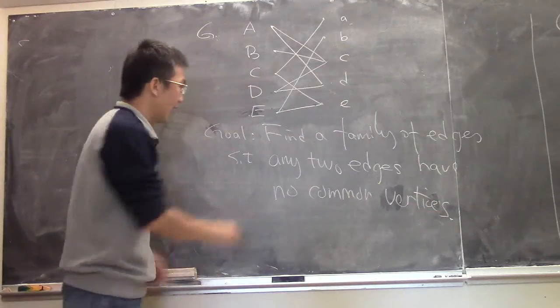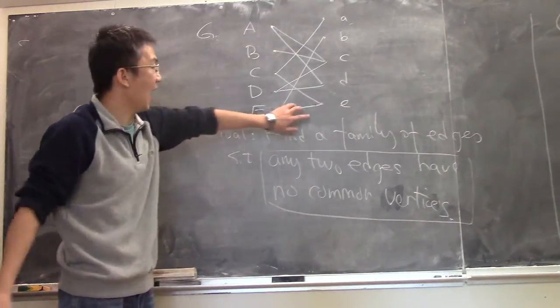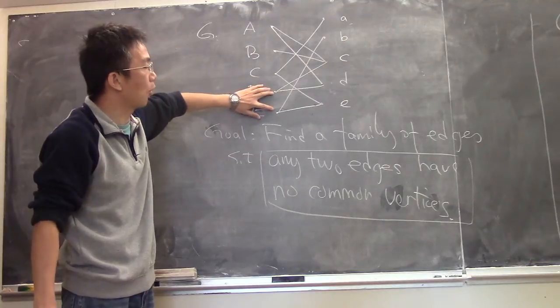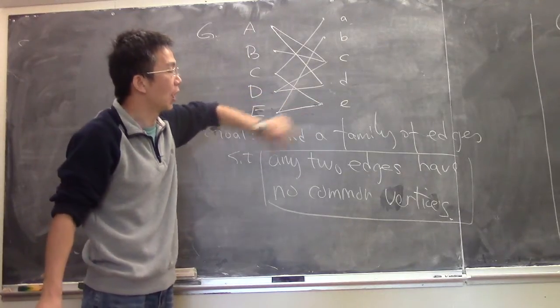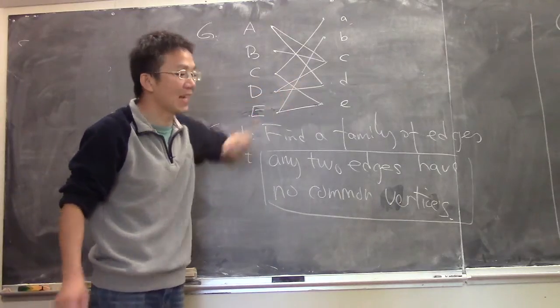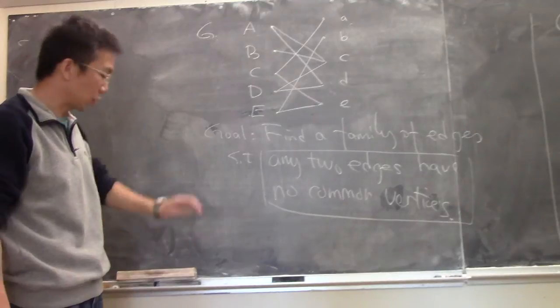That's exactly the restriction I'm going to put. So two people will not be assigned to one job, or one person will not be assigned two jobs. So is it possible to find such an assignment?